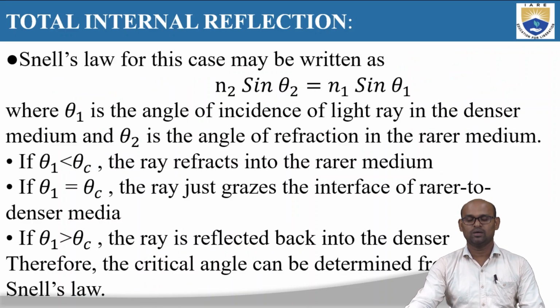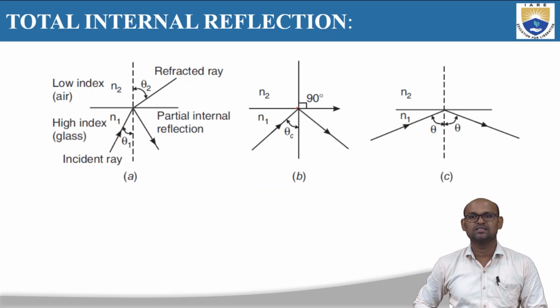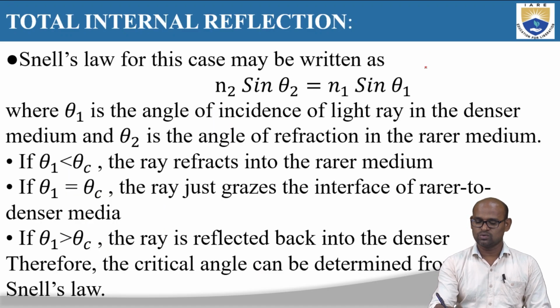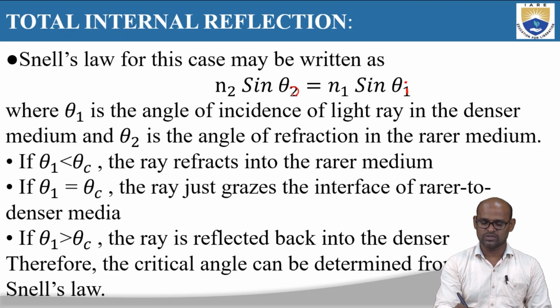So we have been saying here that there is a critical angle and the angle of incidence must be greater than the critical angle. So what is this critical angle? We can find out this critical angle using Snell's law. We use Snell's law, n2 sin theta 2 is equal to n1 sin theta 1, where theta 1 is theta i and theta 2 is theta r.